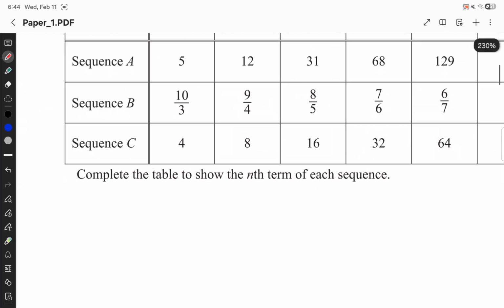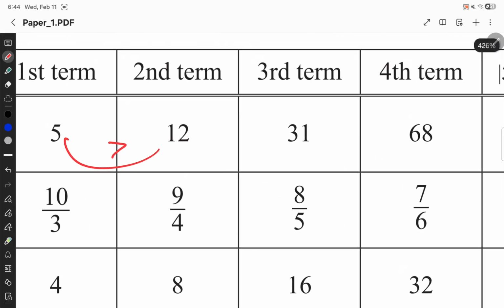Okay, by doing a linear test, since we have a calculator, thank God, we don't need to spend time subtracting manually by hand. So this is 17, 19, and to make sure we do this as well, the differences are not the same.